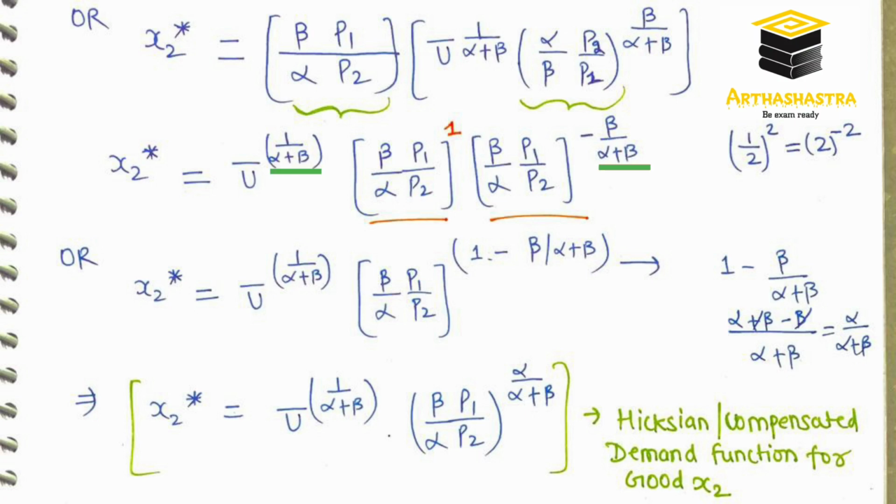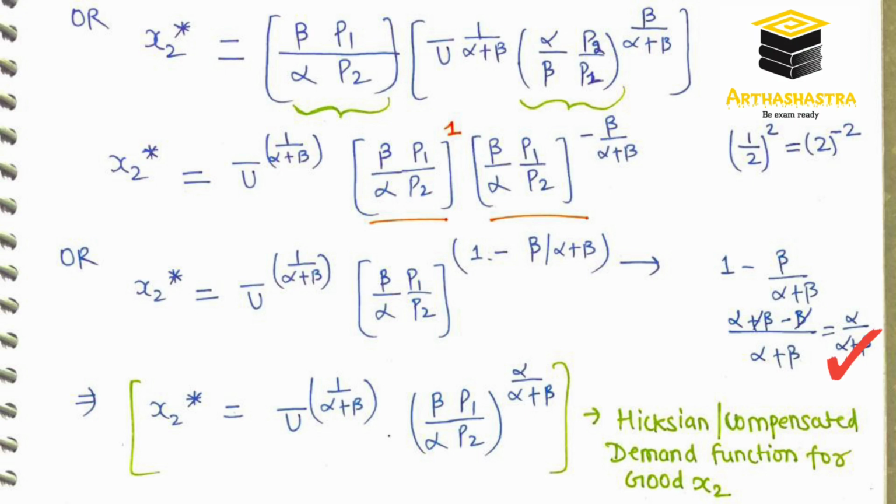Now the bases are the same, so we can add the powers: 1 minus beta over alpha plus beta. On simplifying this, we get alpha plus beta as the denominator, alpha plus beta minus beta, beta and beta cancel out, we are left with alpha over alpha plus beta.